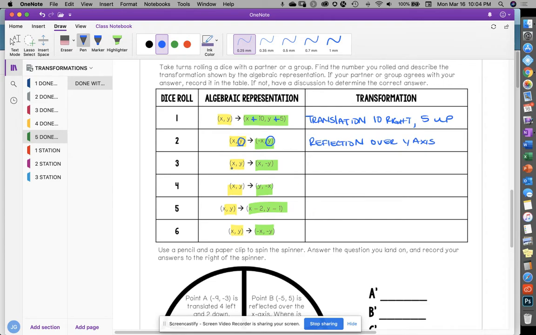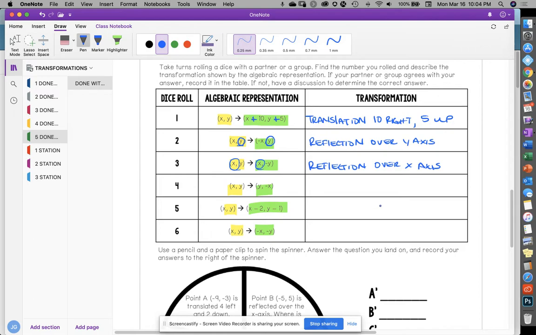Now, number 3, we have x, y, and then we have x, negative y. So my x in this situation stayed the same. My y has taken the opposite. So again, that's also a reflection. And I am keeping the x's the same. So this is over the x-axis.